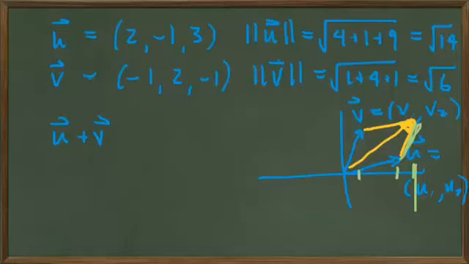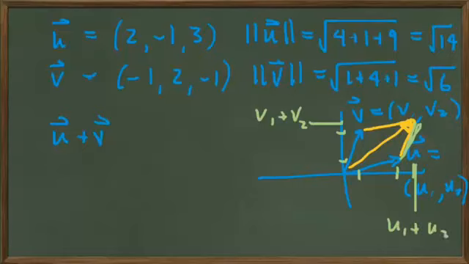The vector u has this y value, and the vector v has this y value, and when we add those together we get this y value. So this is v1 plus v2, and this is u1 plus u2.